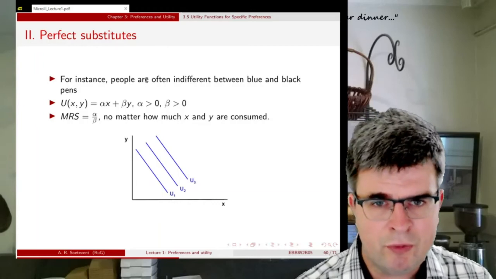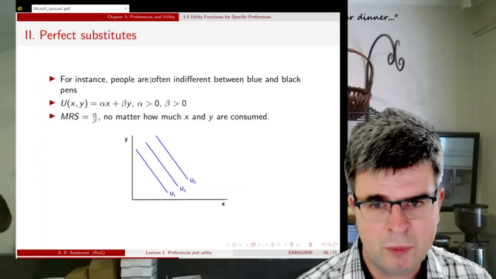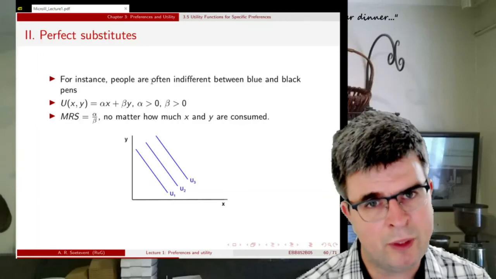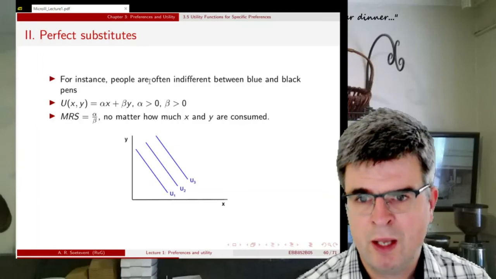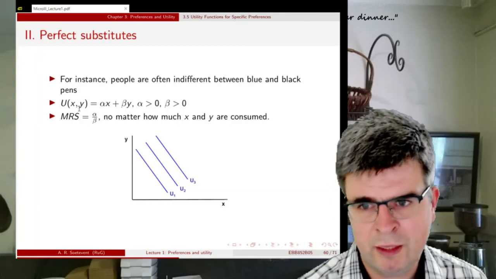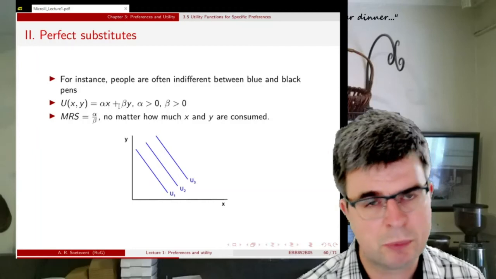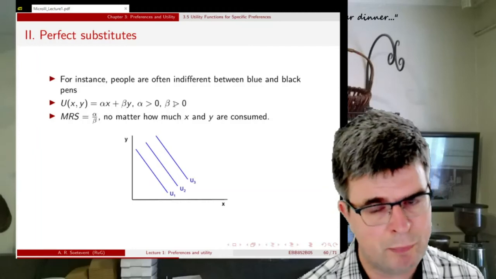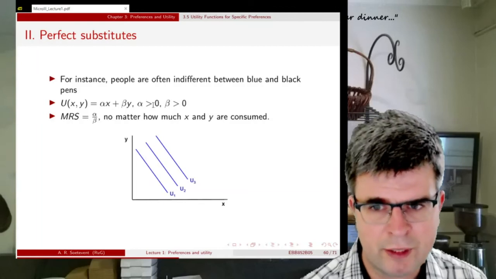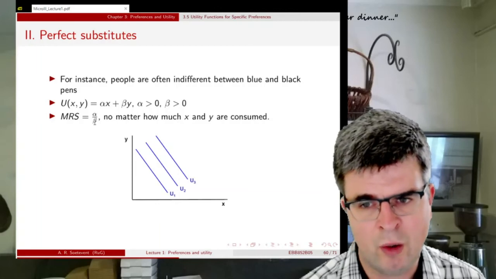Similar thing, if you only care about writing and not the color of your pen, then you are indifferent between black and blue pens, and you buy whatever pen is cheaper. Now, in case of perfect substitutes, the utility function has the linear form alpha times x plus beta times y. Alpha and beta also here are positive numbers. And the marginal rate of substitution is easy to compute. It's just alpha over beta.